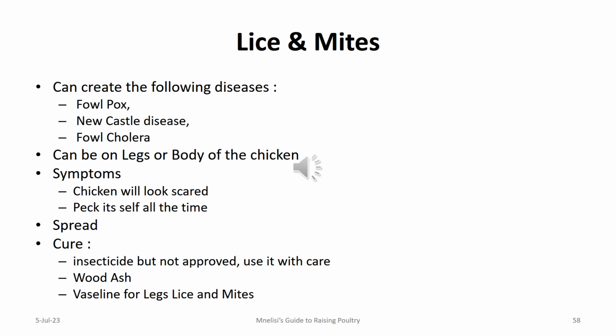It will peck itself all the time. These small bugs can spread. This is how you get rid of them. Wood ash is the best to get rid of bugs on the chicken's body. Vaseline will eliminate the ones that are on the legs. Insecticide is not approved to be used on chickens, but it will kill these bugs.